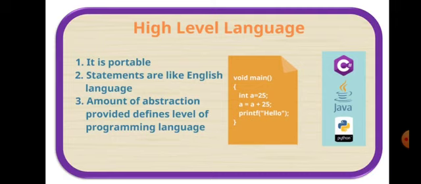Your attendance register will have your name, whether you are present or absent for the day, for a particular month, but it will not have your community, your caste, your date of birth or other information. So it is abstracted. That is what is needed for that particular attendance page. Only that information is shown to you, which is called abstraction. So the amount of abstraction provided defines the level of programming language.